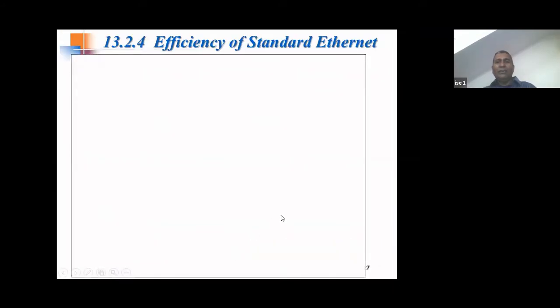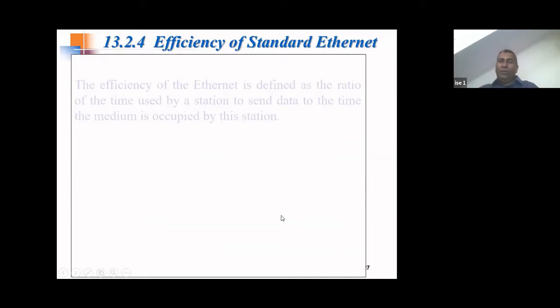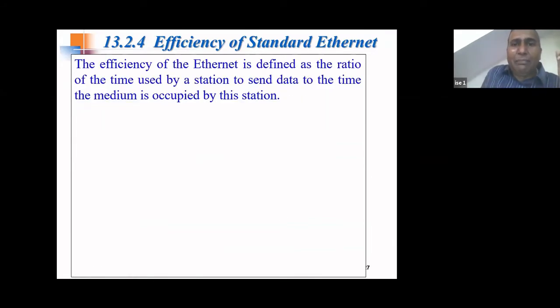And the moment it releases a frame into the medium, by finding that the medium is idle, it has to keep a copy of the frame before sending.